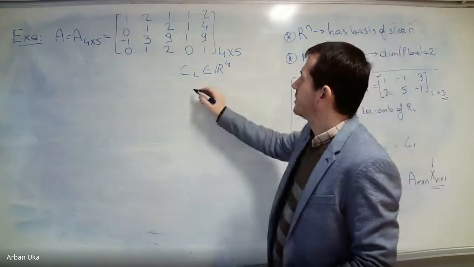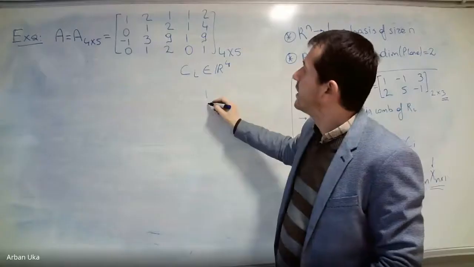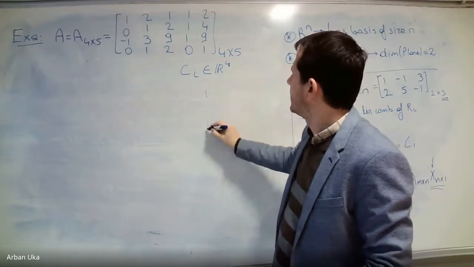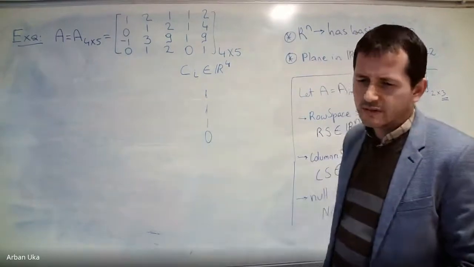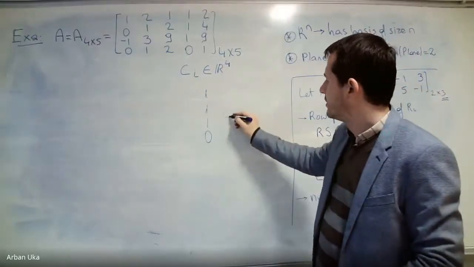Okay, so 1, 1, 1, 0 maybe. Now, how many values are you using to describe this vector? 4. Okay, that's R4.